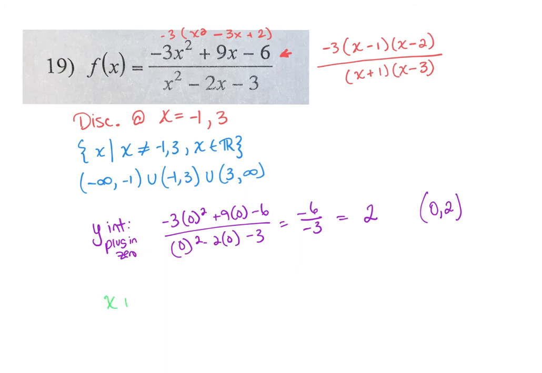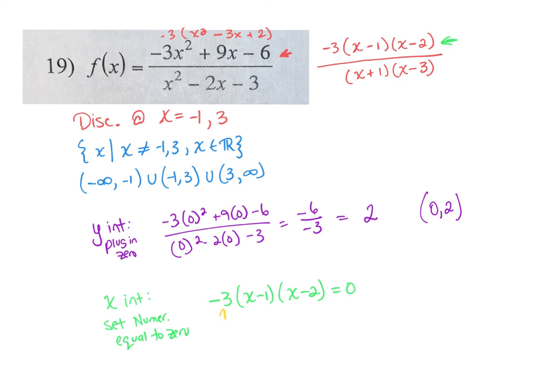For my x-intercept, I want to set it equal to 0. In this case, only the numerator. The denominator cannot be 0. So set the numerator equal to 0. All right, we have already factored the numerator, so that's very simple. We're going to set this equal to 0. Now, that means each factor has to be equal to 0, right?